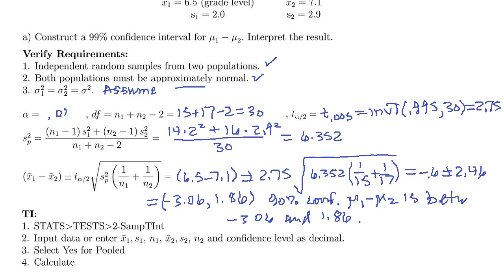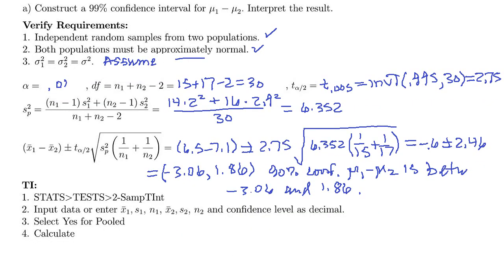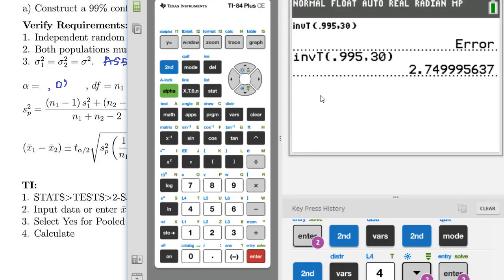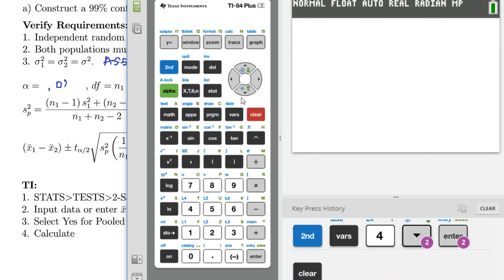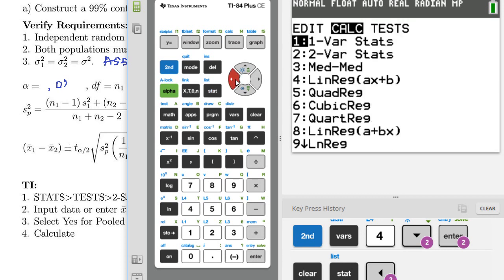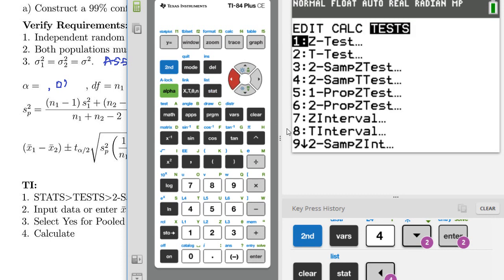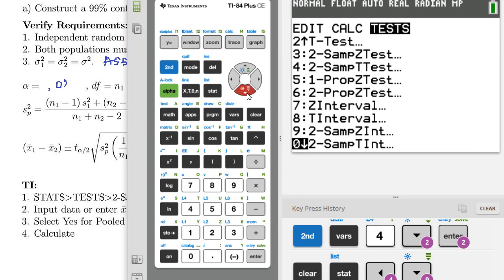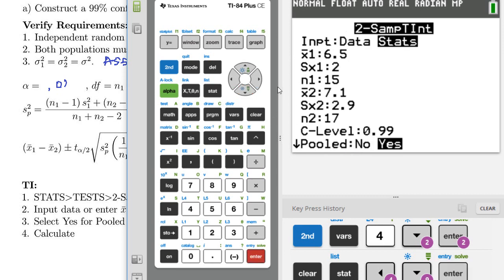And then we can verify what we're doing on the calculator here using the stat functions. So let's do that real quick. So clear out. So we're going to go to stat and then tests. And then we want a 2 sample t interval, which is choice 0. And then make sure that stats is entered.